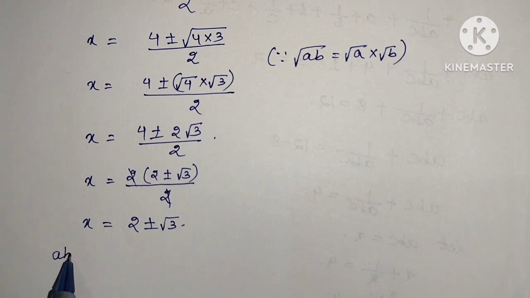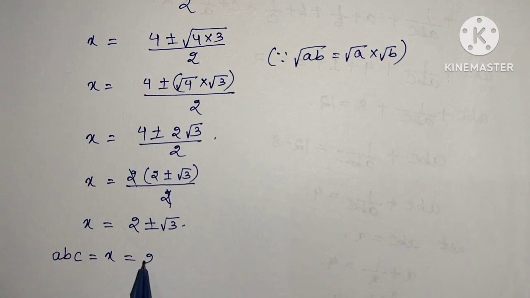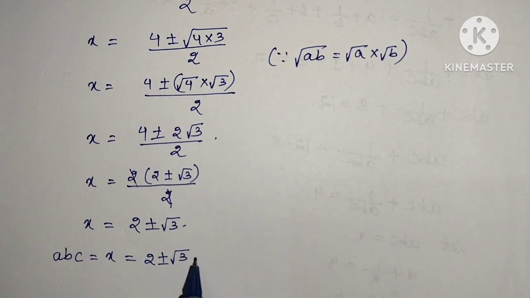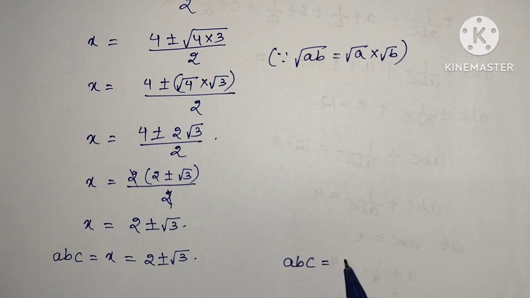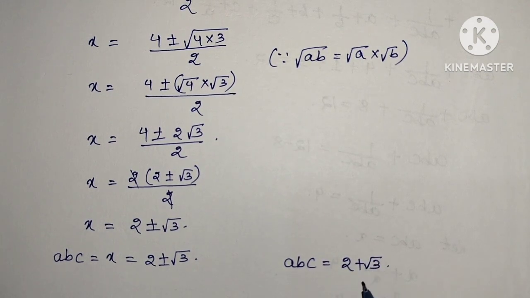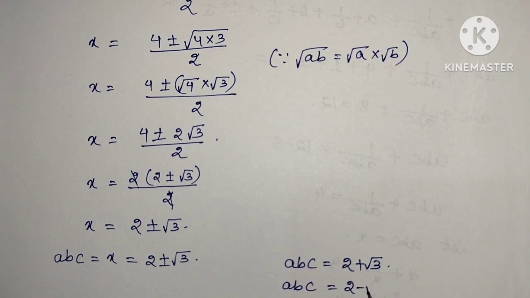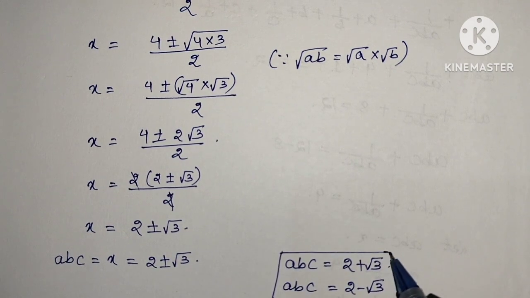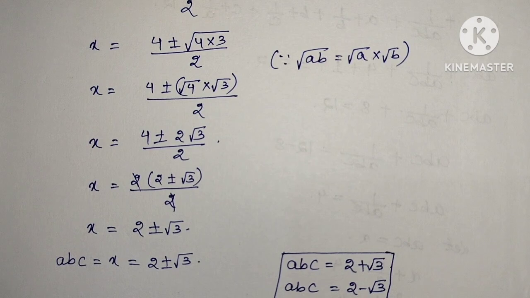Then the value of ABC is equal to x is equal to 2 plus minus root 3. Then what is the value of ABC? The value of ABC is equal to 2 plus root 3, and another one is 2 minus root 3. Yes. This is the answer of this question.